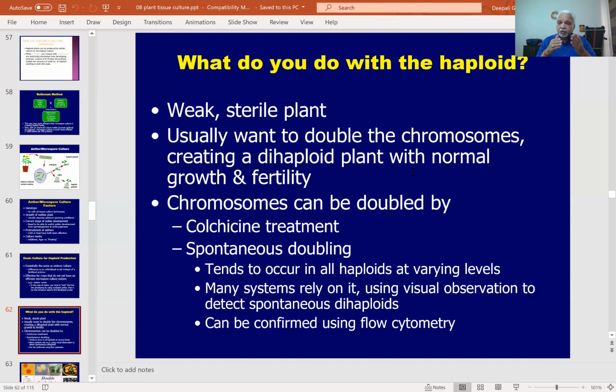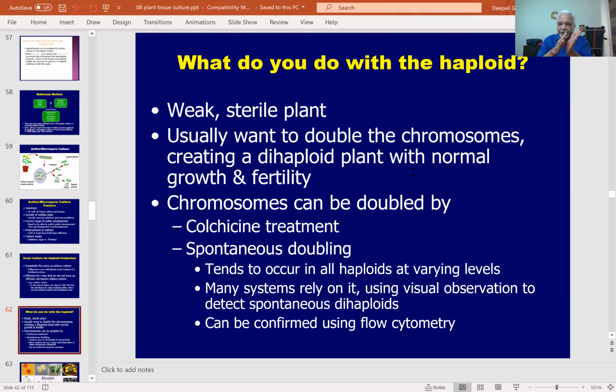Normally, what happens is that when these plants grow, they spontaneously undergo the doubling of chromosomes, what we call diploidization, and they are called dihaploids, because this half set of chromosomes is going to be duplicated as it is.